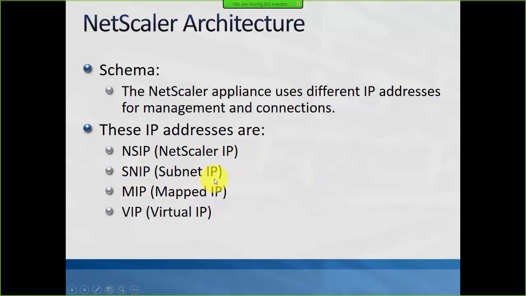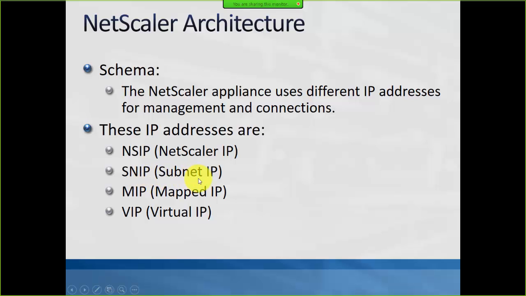Then there is the subnet IP if your internal network is connected. Suppose there are 5 Citrix servers in the 192.168.100 subnet, then 10 servers in the 192.168.101 subnet, 10 servers in the 102 subnet, and 4 servers in the 103 subnet. If they are distributed in different subnets, you can define a SNIP per subnet.